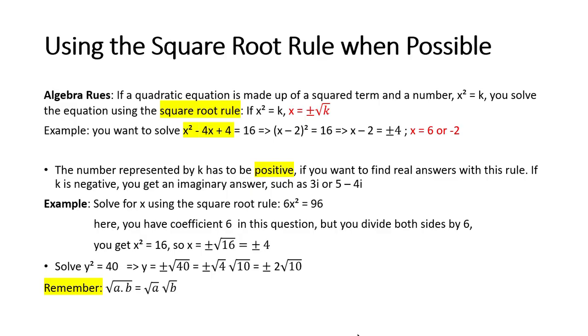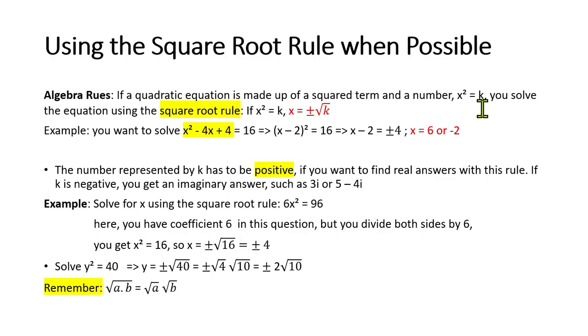So that is the quadratic equation. And again, we're back to three different methods, right? Square root method, factoring method, and the quadratic formula. So let's look at the square root method, the square root rule.